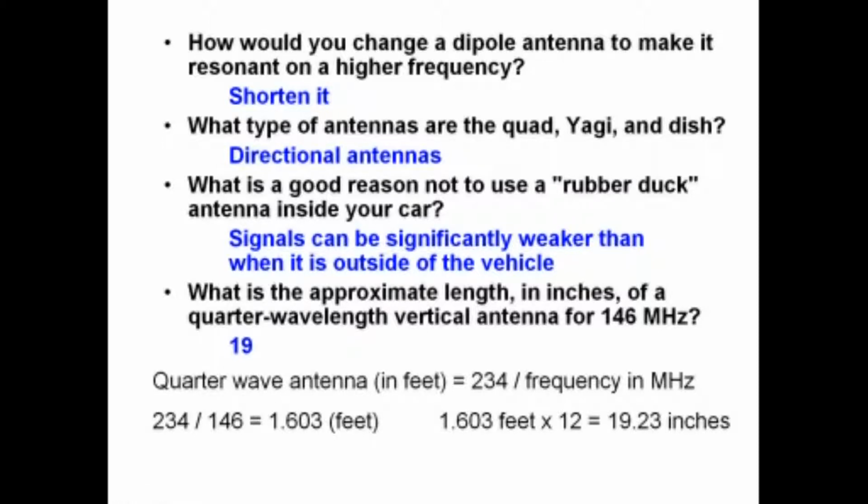But it asks us for it in inches. So to get it in inches, we take our 1.603 multiplied by 12, and we get an antenna length of 19.23 inches. You can remember that, or you can just remember that for a quarter wave antenna for 2 meters, it's about 19 inches.